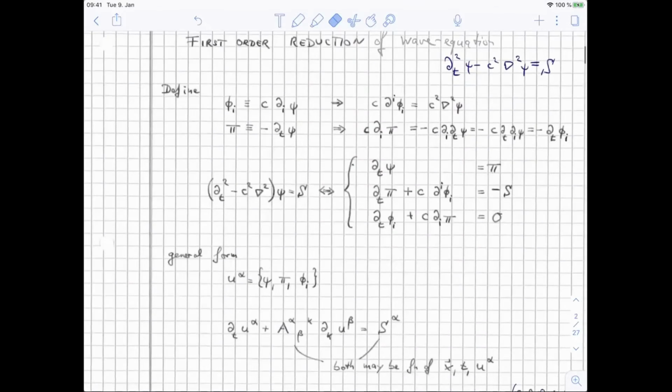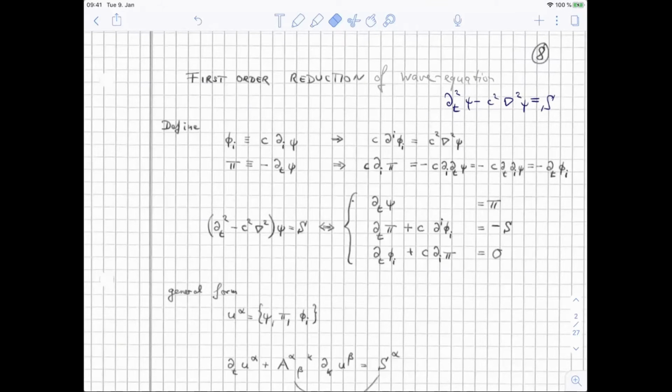For instance, the way this would work for the scalar wave equation, I've written down the wave equation again here in the corner, in case you forget about it, is to introduce new variables. Specifically, one introduces one new vectorial variable that corresponds to the gradient derivative of psi, and one introduces one variable that corresponds to the time derivative of psi.